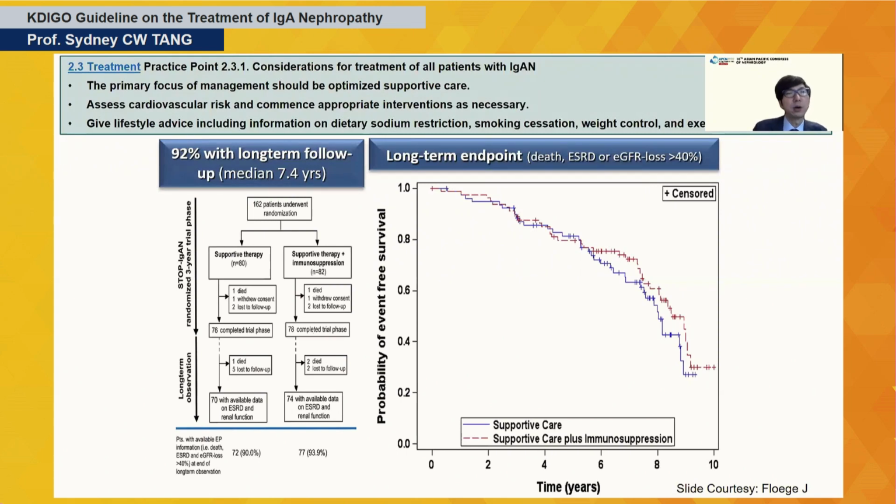So the STOP trial also had a long-term observation phase, as shown here, also showing the importance of supportive treatment in patients with IgA nephropathy, in whom you see that over prolonged follow-up, there was actually no difference, no separation in these curves between supportive care and supportive care plus immunosuppression.